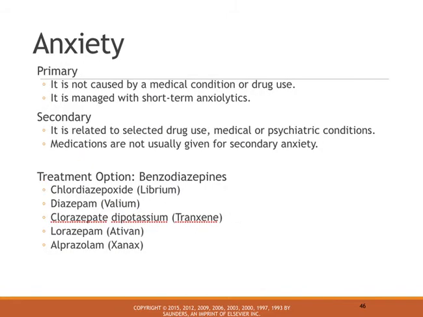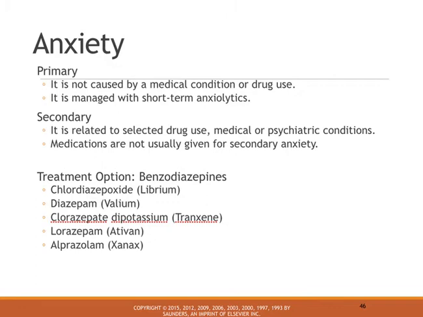Okay, moving ahead, let's talk about anxiety. Anxiety is not caused by a medical condition or drug use if it's primary. If it is secondary, it's related to an underlying condition or medication. If it's primary, we usually treat it with anxiolytics.